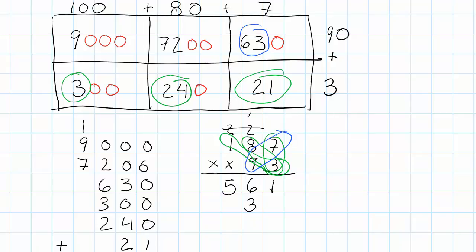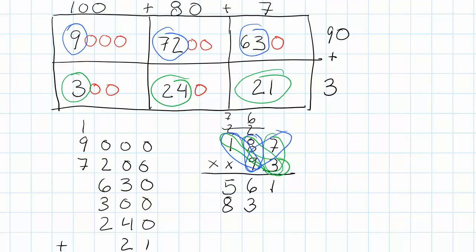63, write down the 3, carry the 6. 9 times 8, that's our 72. Add in the 6 and that's 78, carry the 7, write down the 8. 9 times 1, that's our 9.